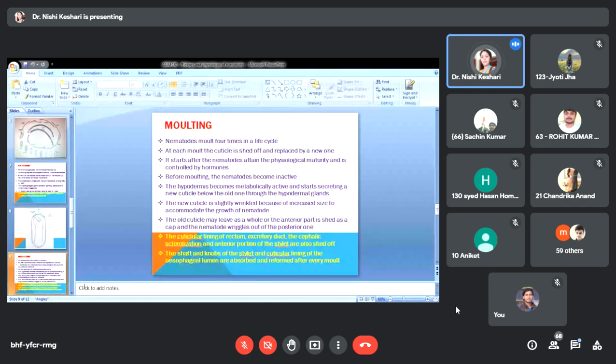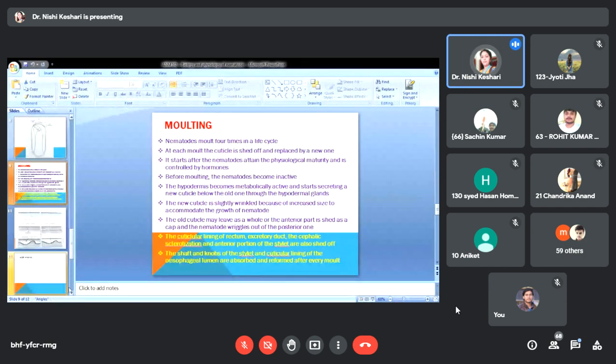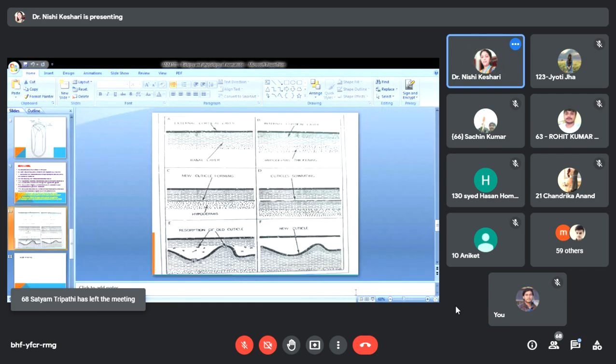Then molting. I told you molting is a very important thing. Now I will show you stage by stage, that is A, B, C, D, E, F, how the new cuticle is formed and the old cuticle is shed off.